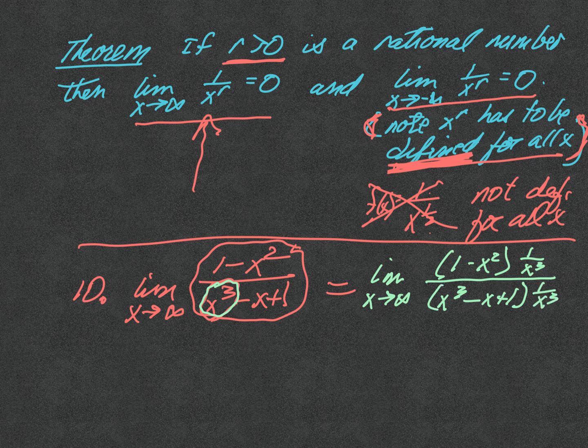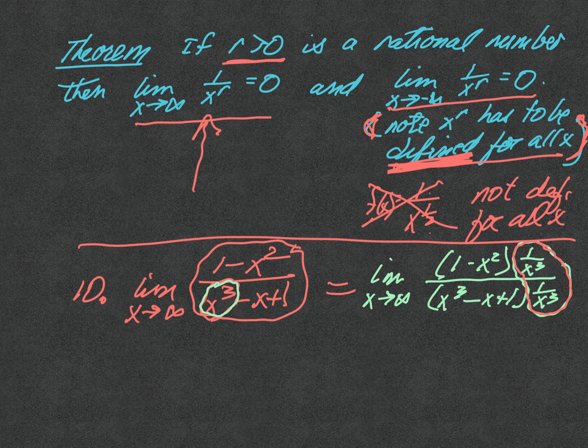Notice what I am doing is multiplying by 1, okay? 1 over x cubed over 1 over x cubed, so this is legal, as long as x isn't 0, and it's not, because x is going towards infinity.